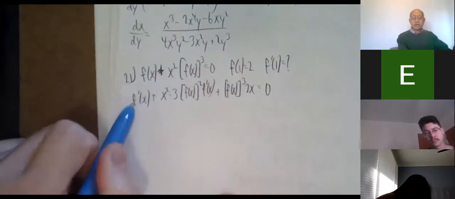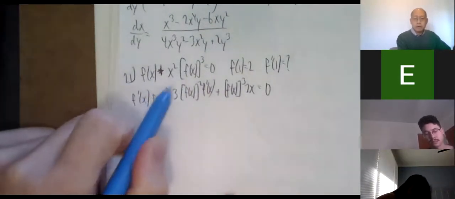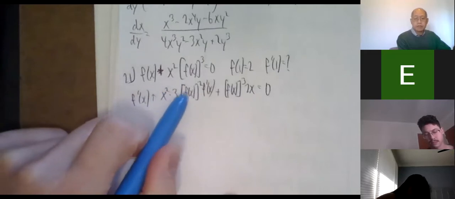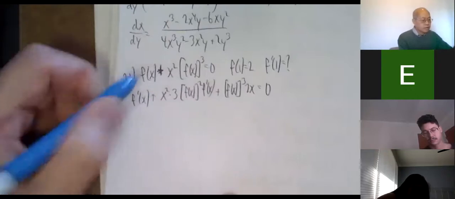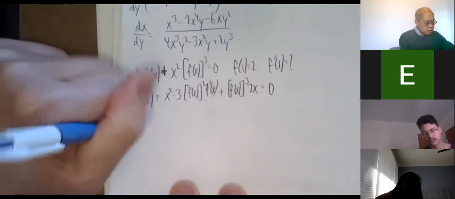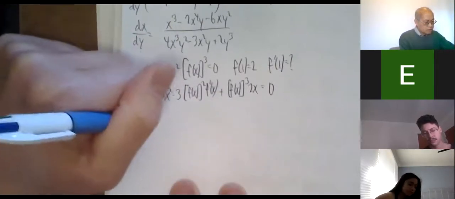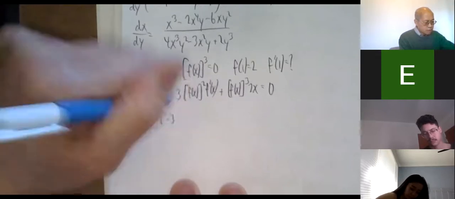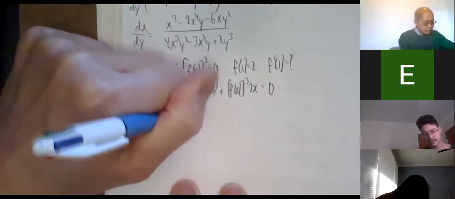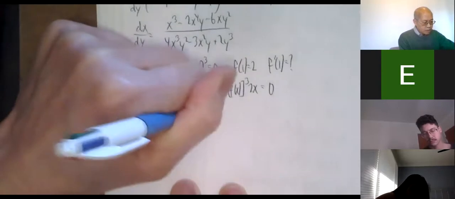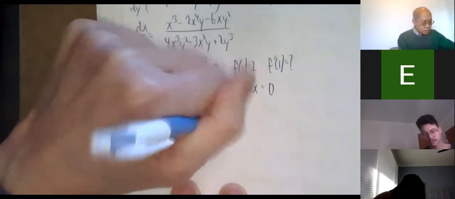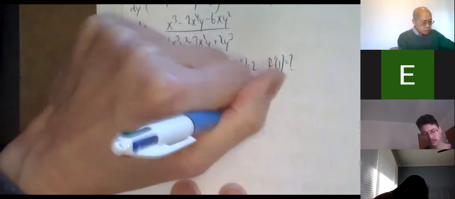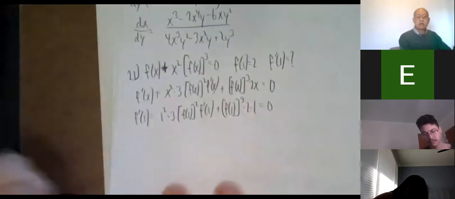Okay, now I plug in 1 everywhere. f prime of 1 plus 1 squared times 3 times f of 1 squared, f prime of 1, plus f of 1 cubed times 2 times 1 equals 0.